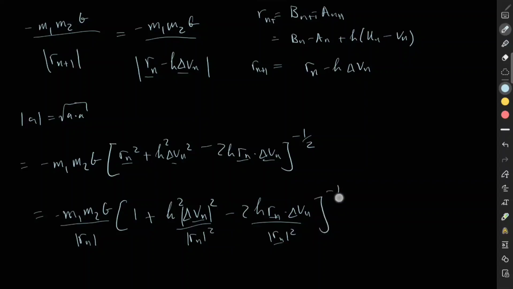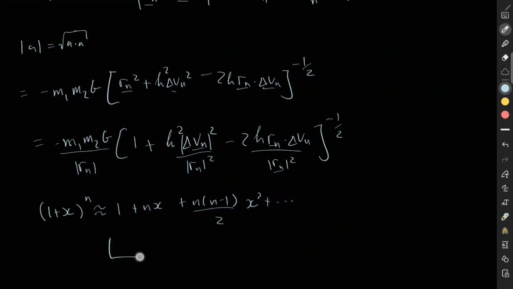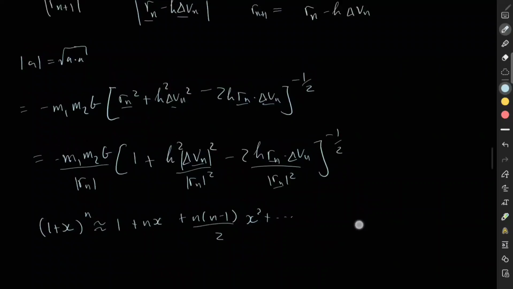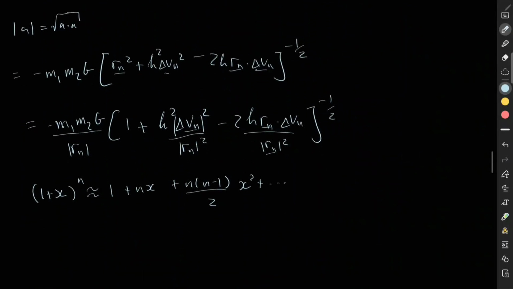Right, now that we have that, using the formula (1 + x)^n is roughly equal to 1 + nx + n(n-1)/2 x^2 + ..., using these three terms, we get that beast over there.